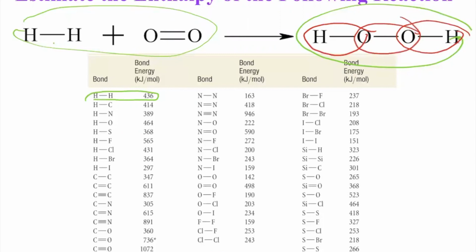When you add these, you're going to get 1070. But because they're bonds formed, that's going to be a negative number. So when you add the positive 934 and the negative 1070, you should have negative 136 kilojoules.